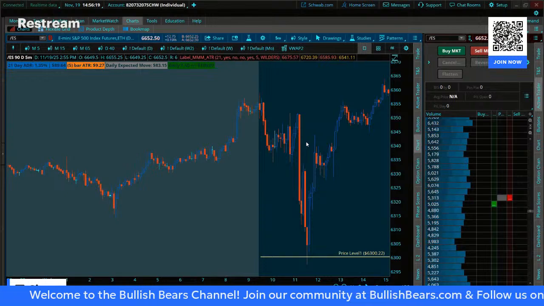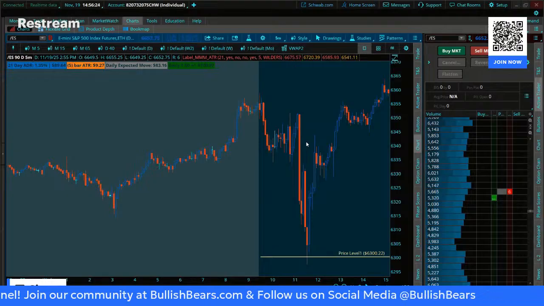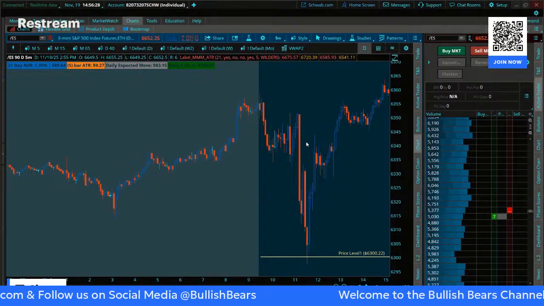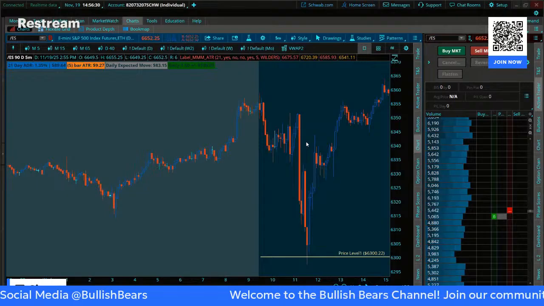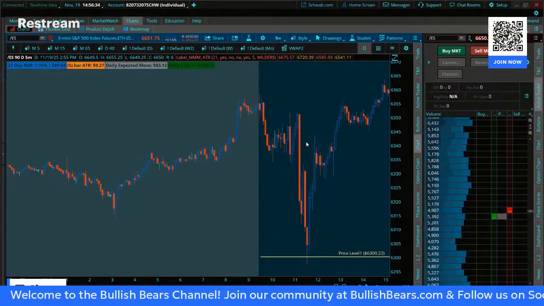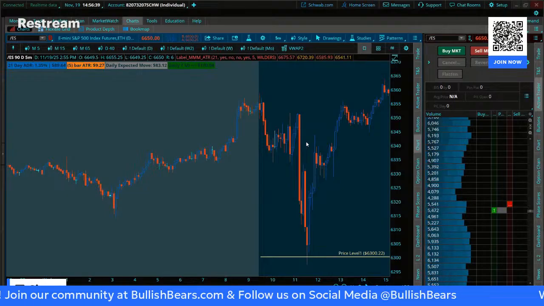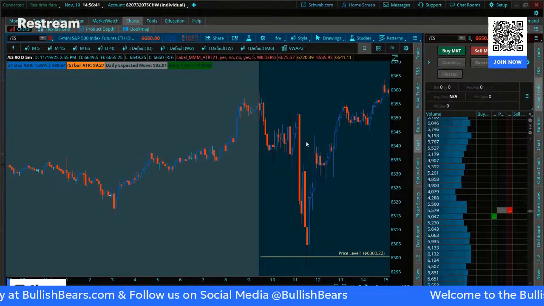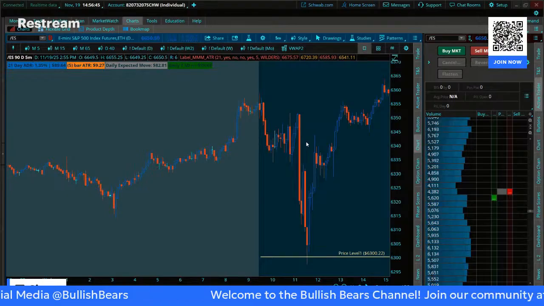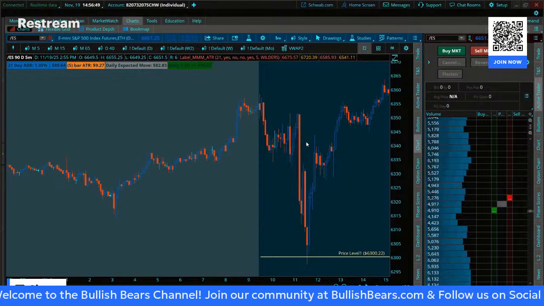If you wait for the stock to go down before you buy a put, by the time you do buy a put, that put is going to be very expensive because everybody's buying puts because the market is falling. And if you're wrong, that put is going to lose a lot of that juiced up premium that was in there because every Joe Schmo and their brother was trying to buy it the same time you were buying it.